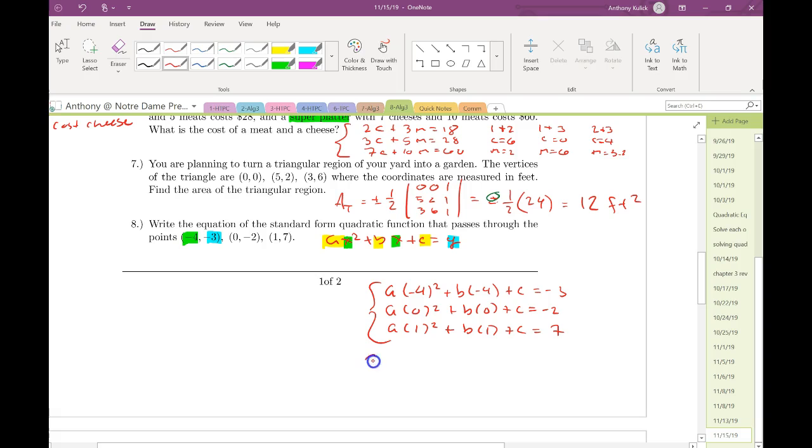And when I solve that, I get a equals 1.75, b is equal to 7.75, and c is equal to negative 2. So I can say then y equals 1.75x squared plus 7.25x minus 2.